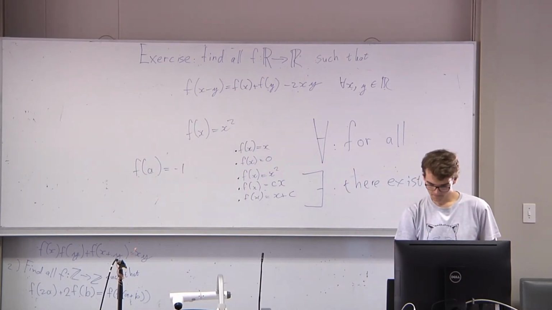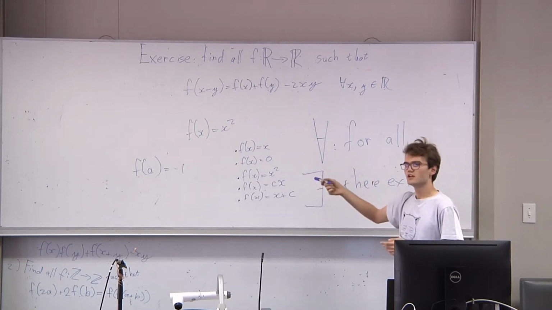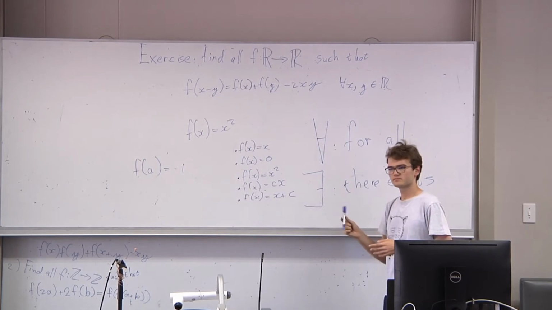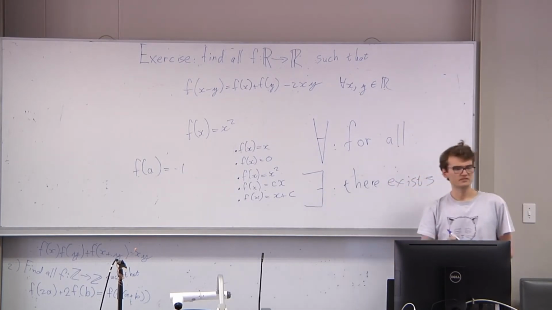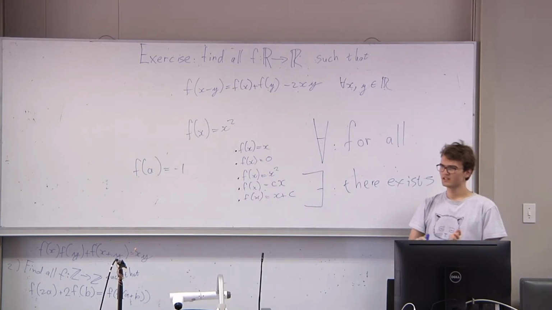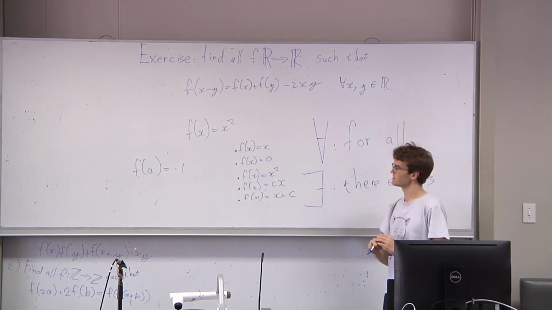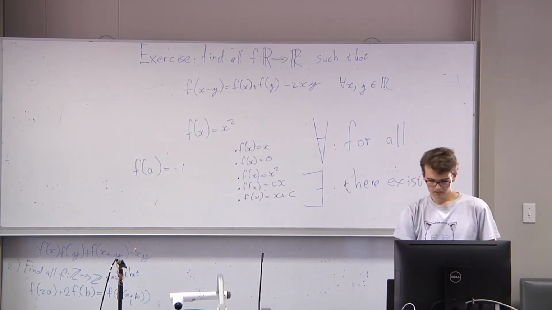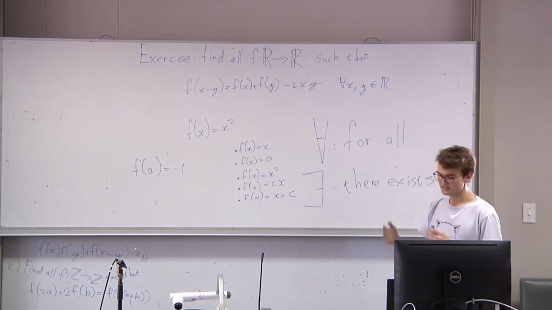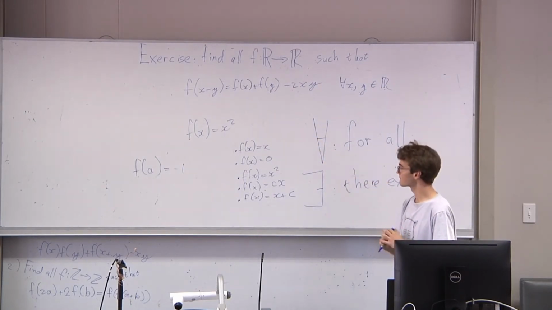Even through checking, you might not get all solutions because there are pathological solutions, like the one I mentioned earlier, that you wouldn't be able to guess if you stared at it for 1,000 years. Okay? So, then the next step is we start playing around with the expression.